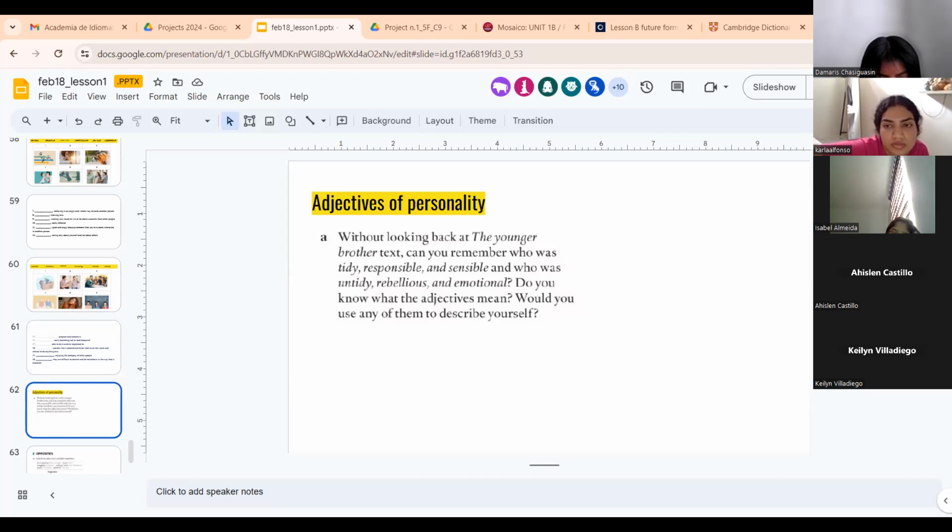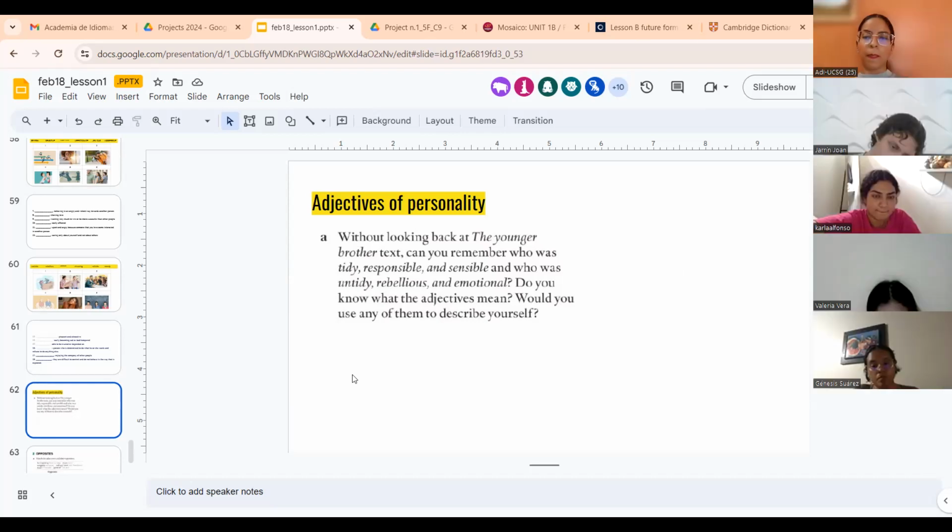Okay. Questions about the words, the meaning of the words? Without looking back at the younger brother text, can you remember who was tidy, responsible, and sensible, and who was untidy, rebellious, and emotional? Do you know what the adjectives mean? Would you use one of them to describe yourself? Carla, who was tidy, responsible, and sensible?